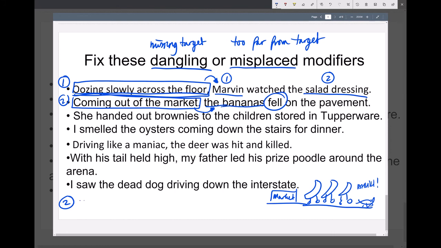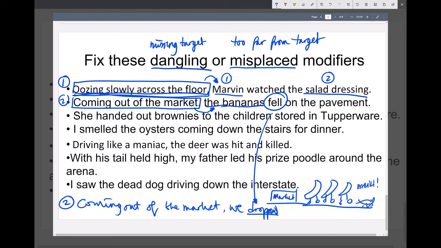So maybe something like we dropped. So you can still keep the modifier. For example, coming out of the market, we dropped. So that's my verb change for fell.